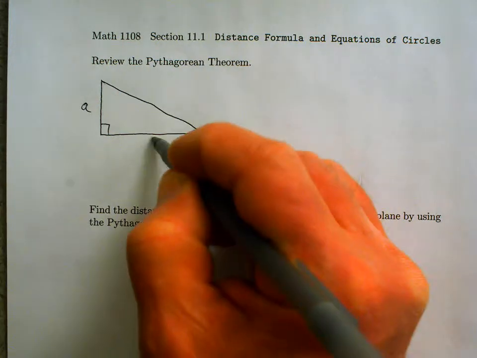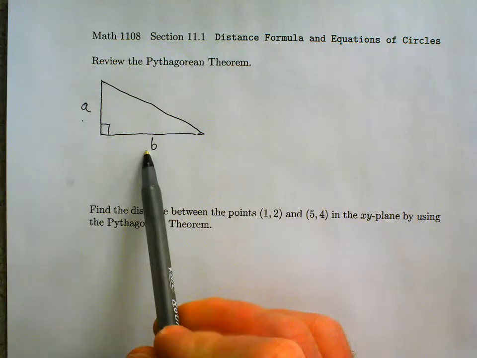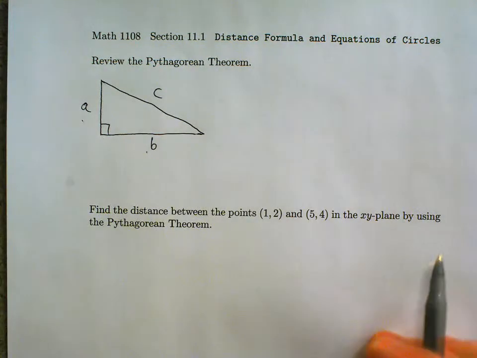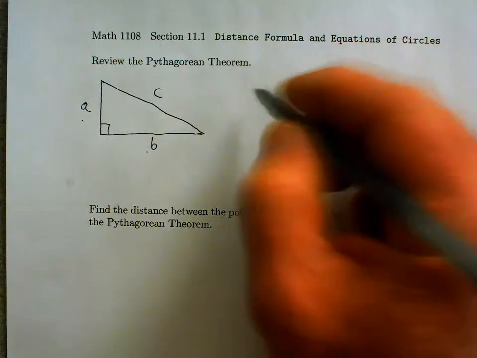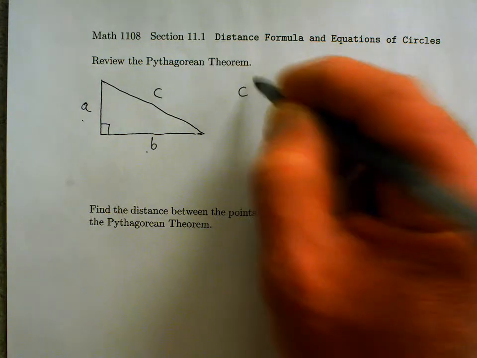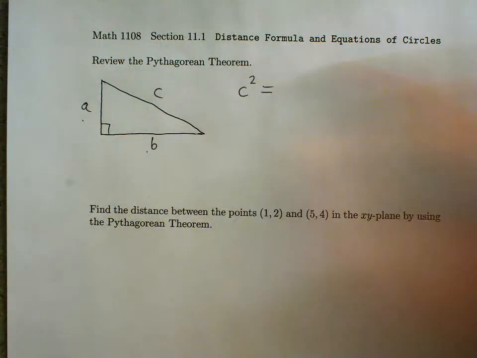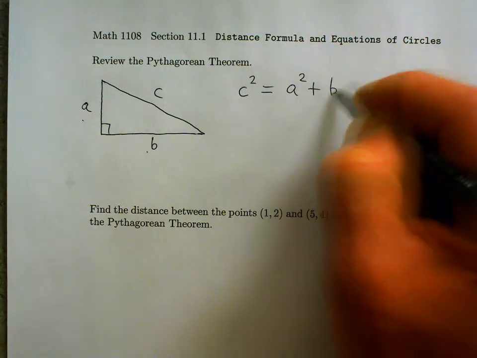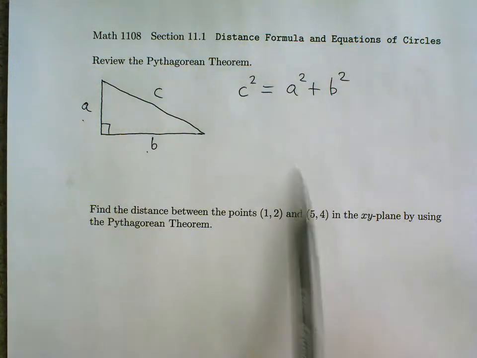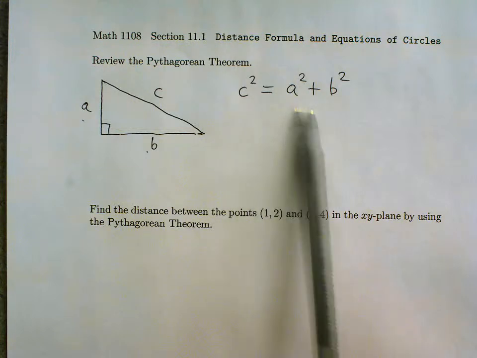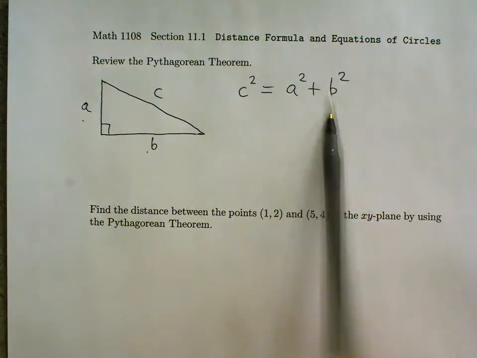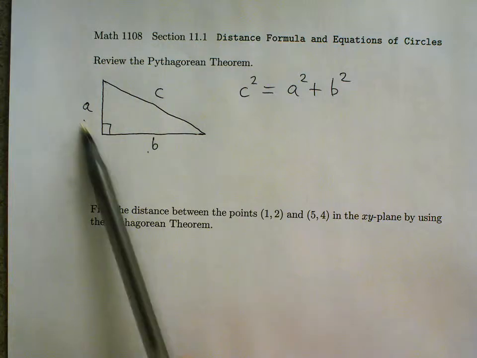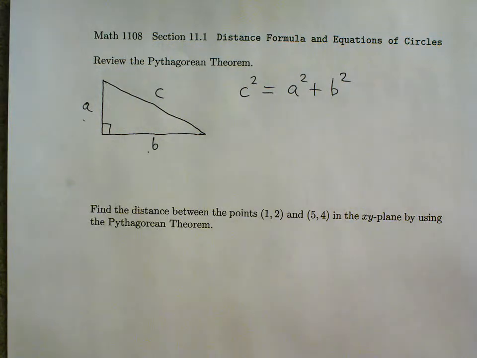If we label the lengths of the two legs as A and B and the length of the hypotenuse C, then the Pythagorean Theorem says that if you square the length of the hypotenuse, that's equal to the sum of the squares of the lengths of the two legs. So C squared equals A squared plus B squared, where C is the length of the hypotenuse and A and B are the lengths of the two legs.